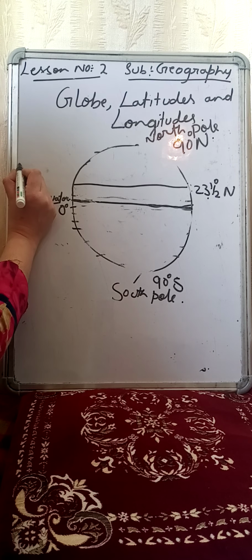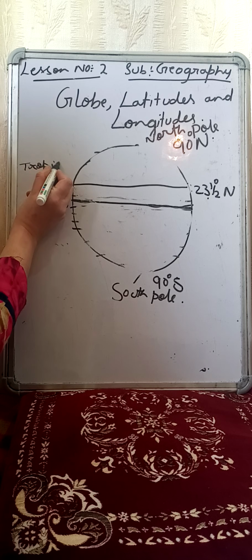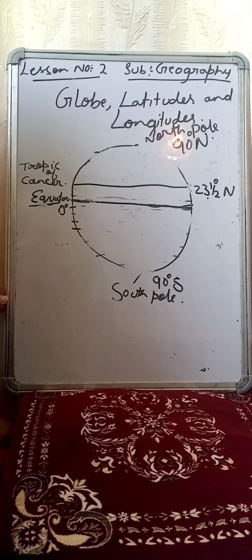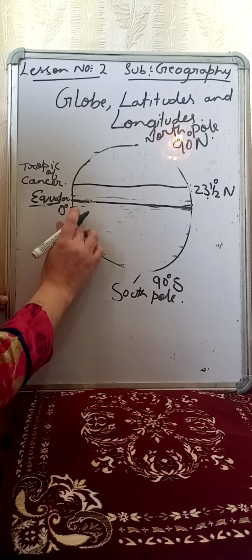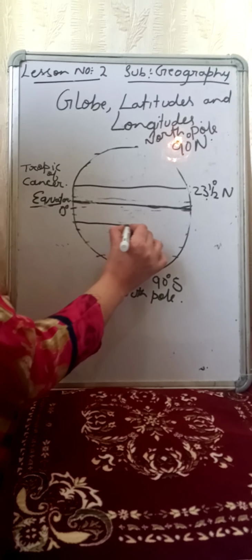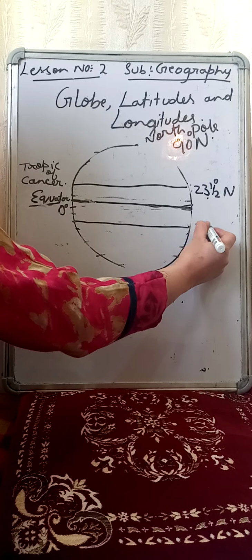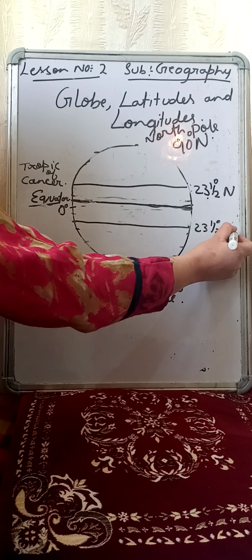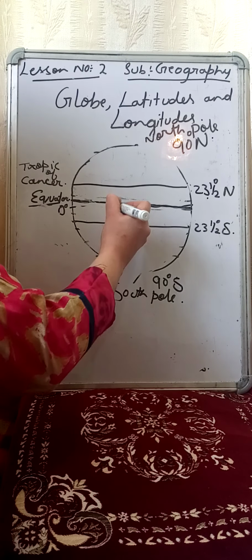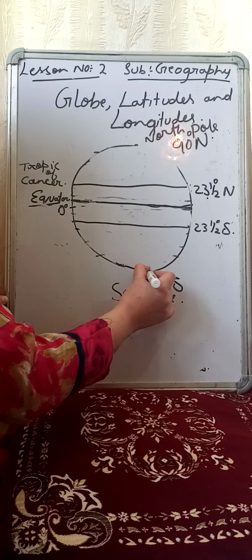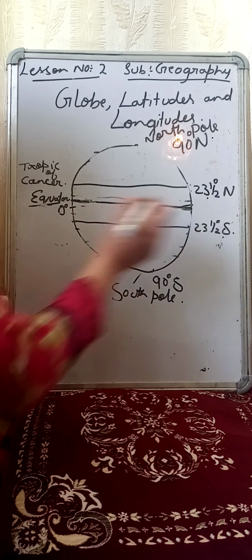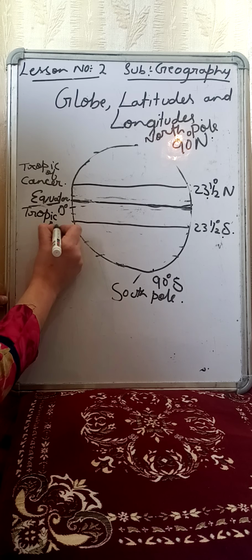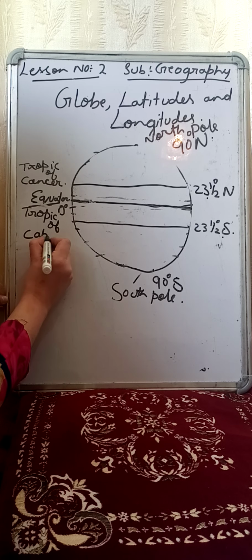This latitude is known as the Tropic of Cancer. In the same way, we have another latitude over here, which is equal to 23.5 degrees S, because it's in the southern hemisphere, so we write S over here. And this latitude is called the Tropic of Capricorn.